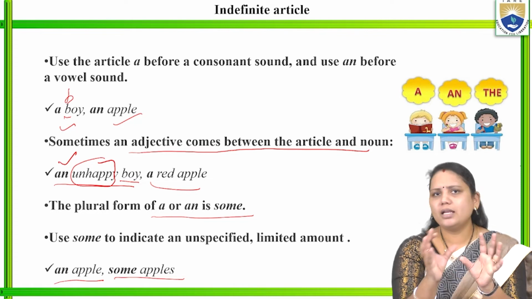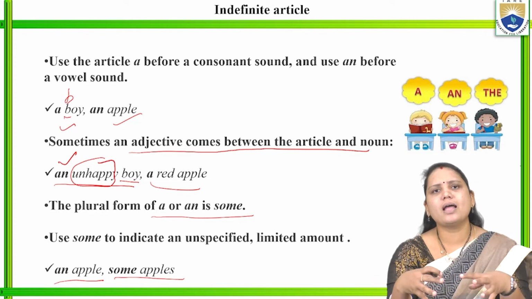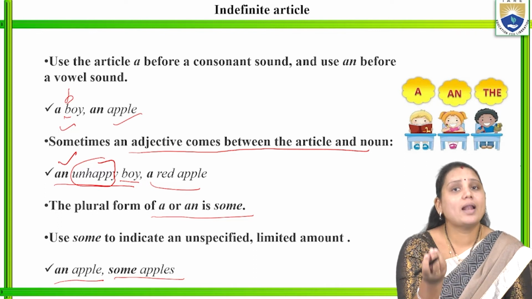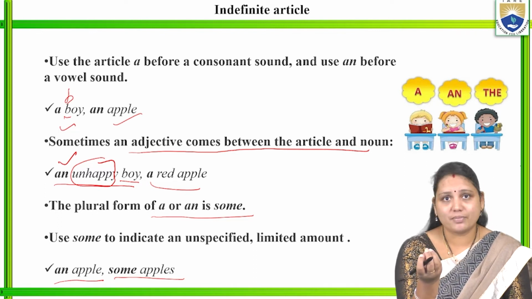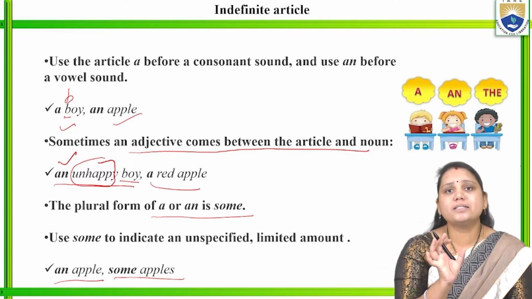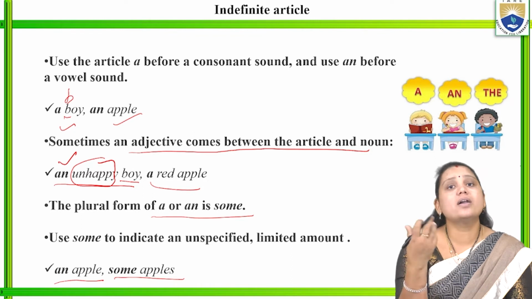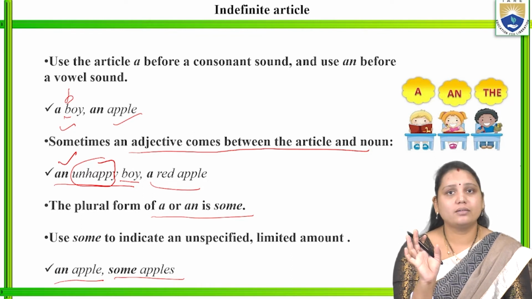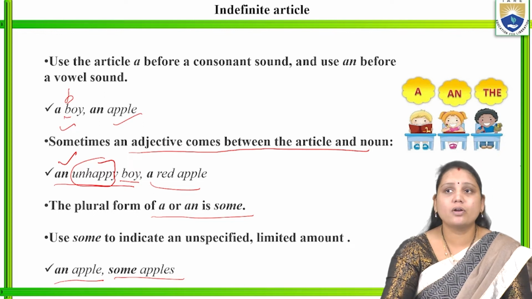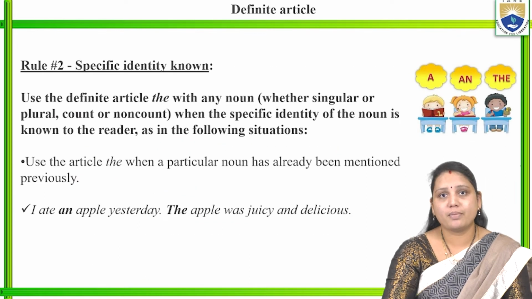I am not indicating that I am going to take all the apples. I am going to take some apples. Or I can also say, I want to take one apple. The meaning is the same. You are not going to take all the apples which are present there. You can say one apple or some apples. It's okay. The plural form of a and an can be some. This is also one of the rules which you have to remember.